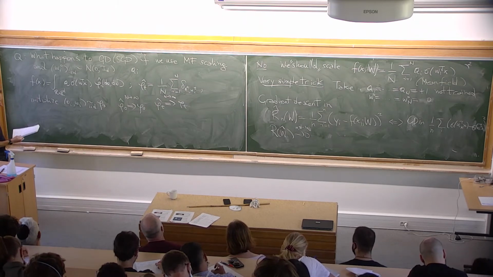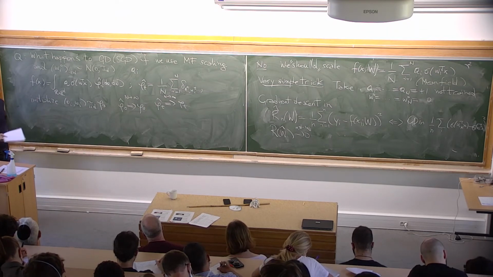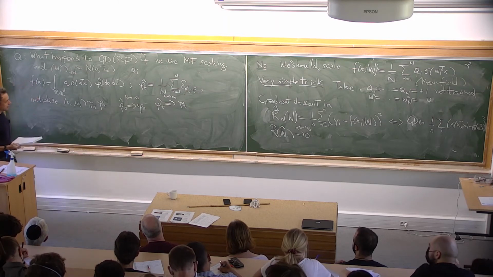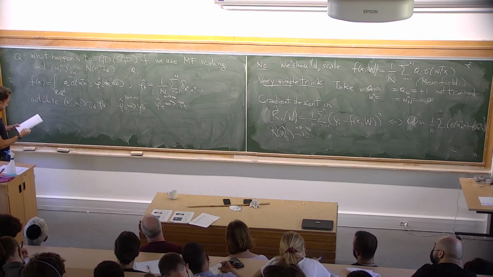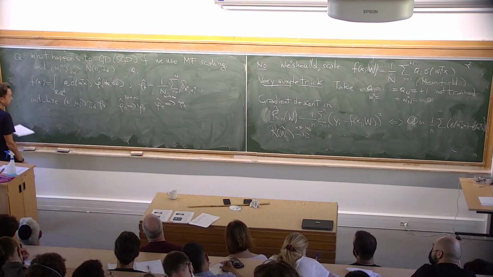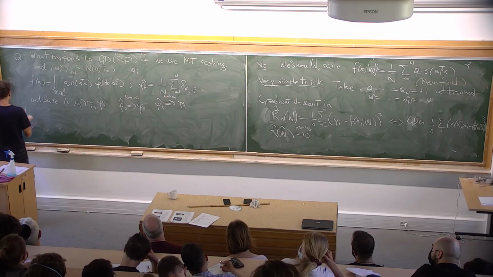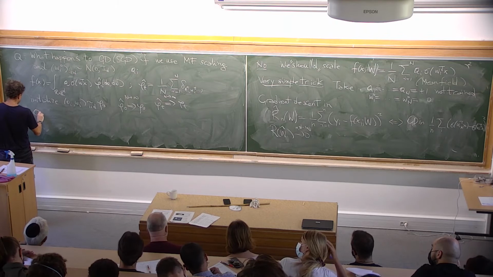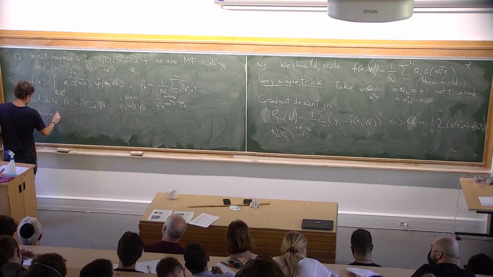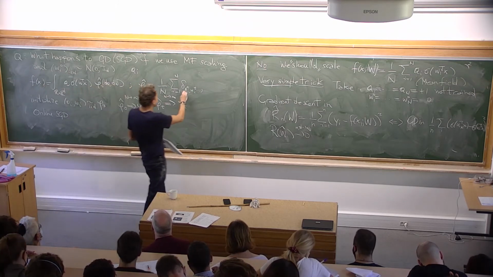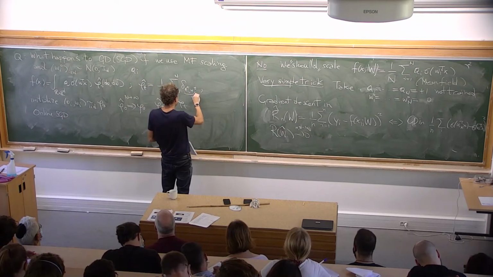So the answer is yes, and as physicists, those of us who did some physics are ready to believe that this is the case, and here is the heuristic argument. First of all, for any finite n, let's think that we are doing online SGD. So for simplicity, let me call each of these parameters theta i t.